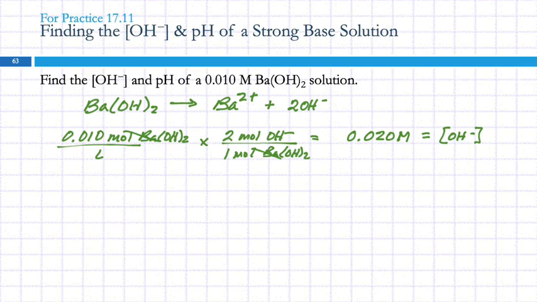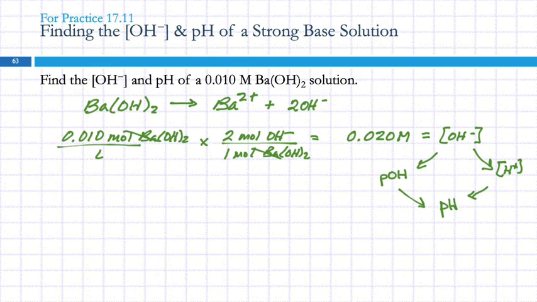How do we find the pH? There's actually 2 ways we could do it. Remember the circle of pH? So we could take hydroxide ion concentration and calculate pOH, and then get to pH. Or we could go to the hydronium ion concentration and then go to pH.